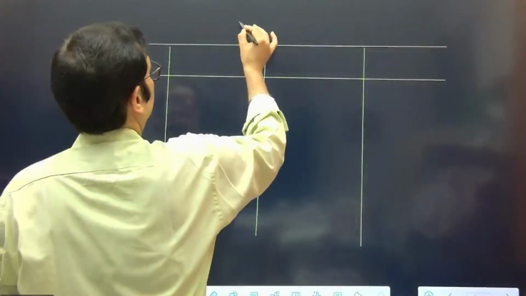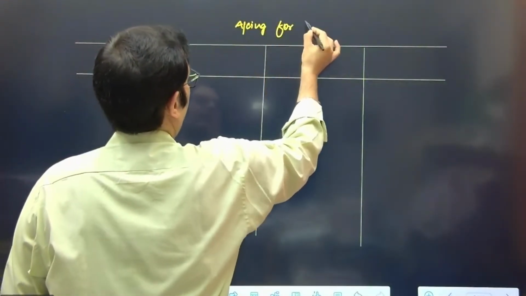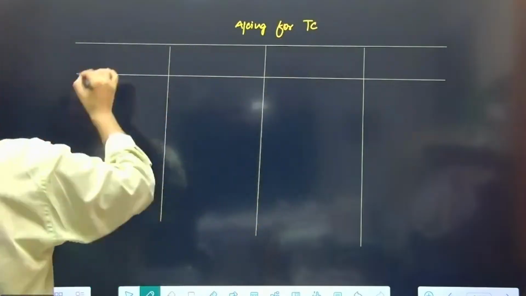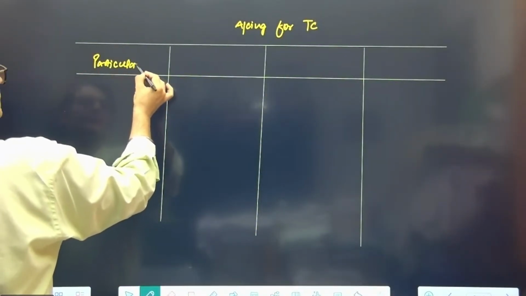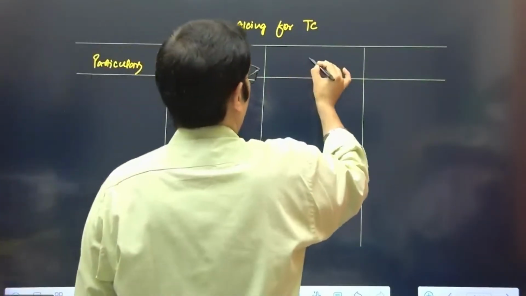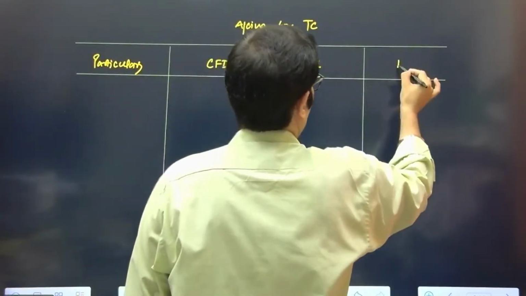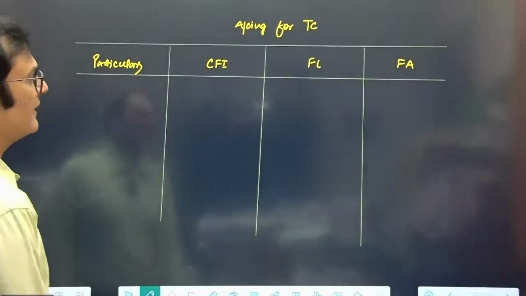So this is the accounting for transaction cost. We'll take three aspects into account: a compound financial instrument, a financial liability, as well as a financial asset. We'll look at the subcategories as well.